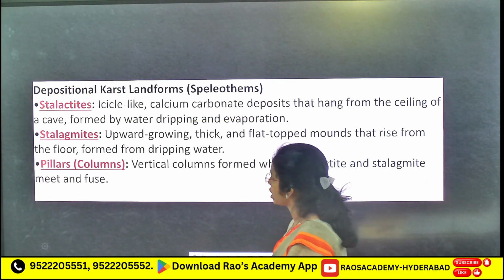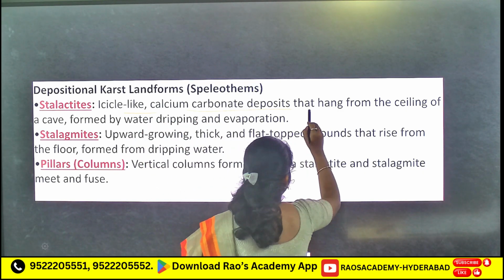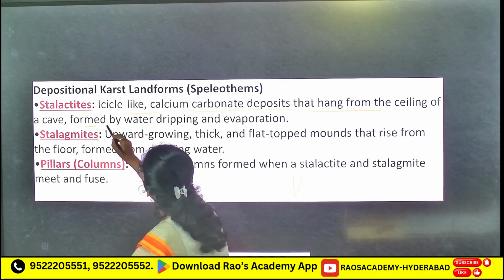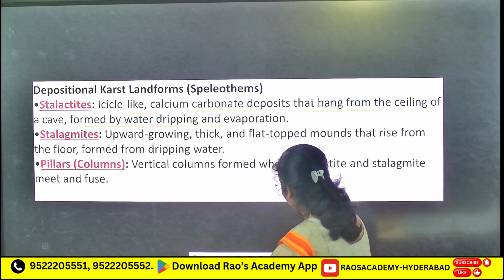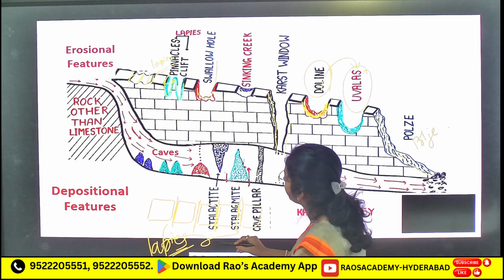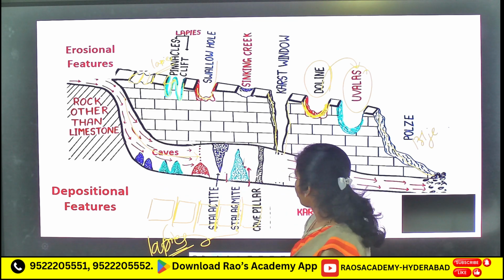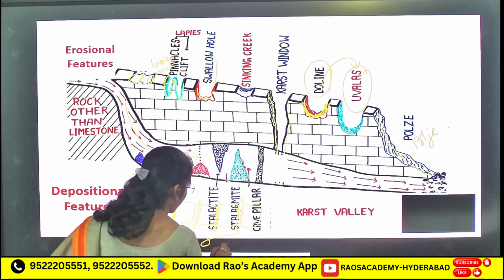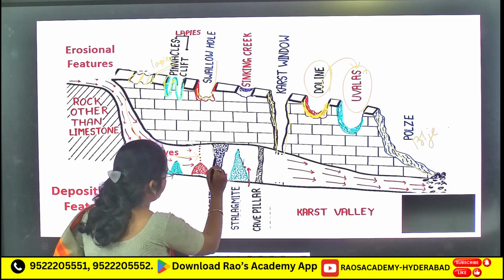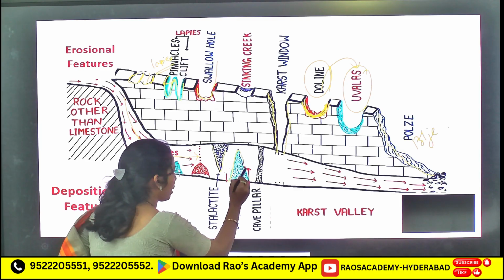Next, depositional. Icicle-like calcium carbonate deposits hang from the ceiling of a cave, formed by water dripping and evaporation. Underground you will see depositional features. These are stalactite and stalagmite.